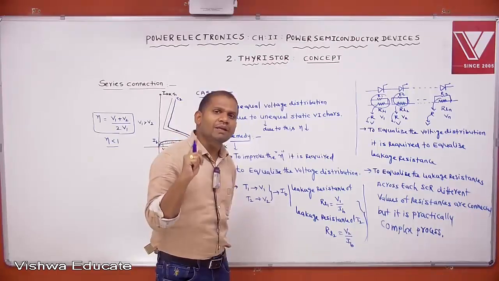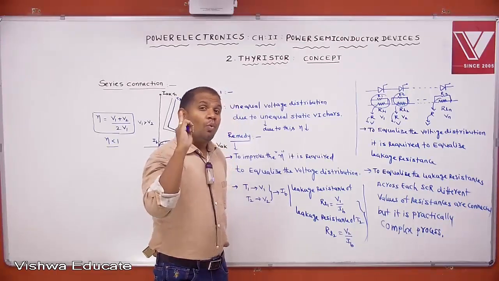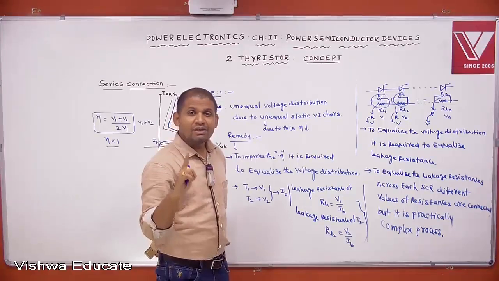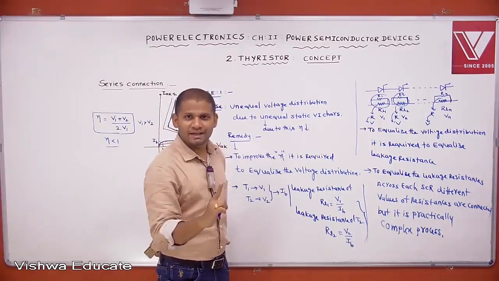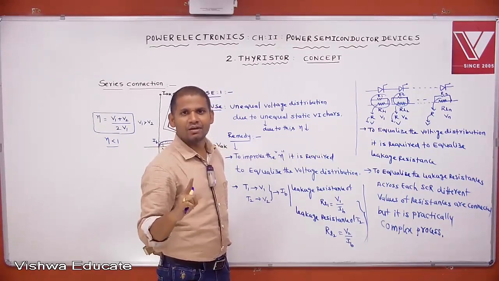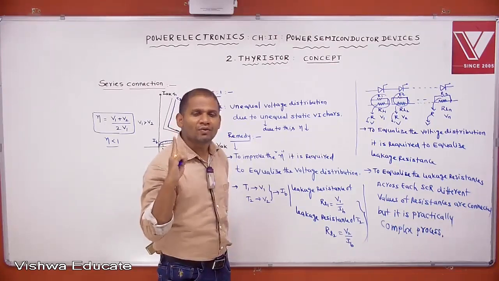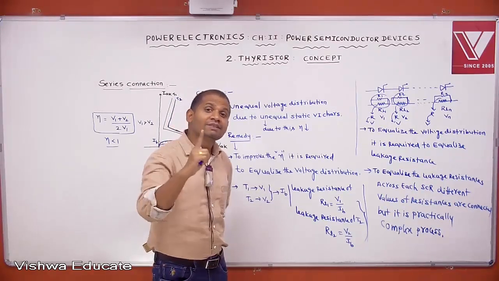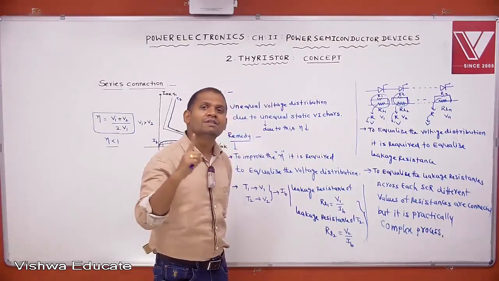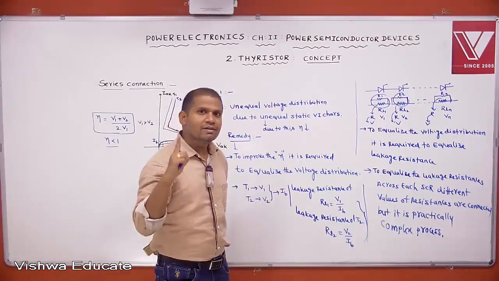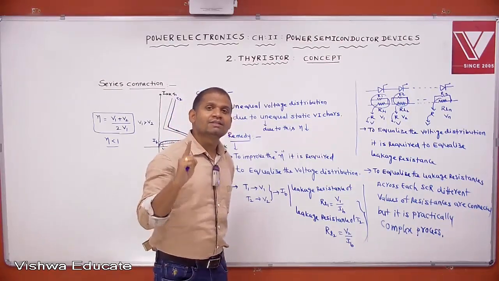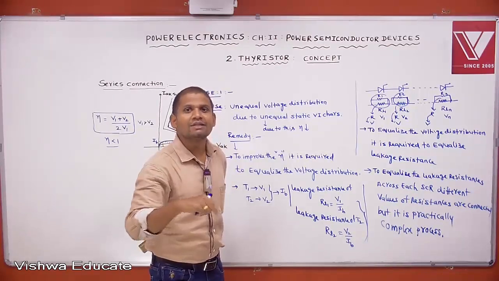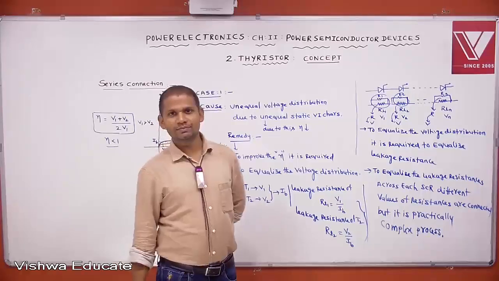For approximate equalization, one value of resistance is designed. That resistance is connected across each SCR. Then that resistance is called the static equalizing resistance, and that circuit is called the static equalizing circuit.